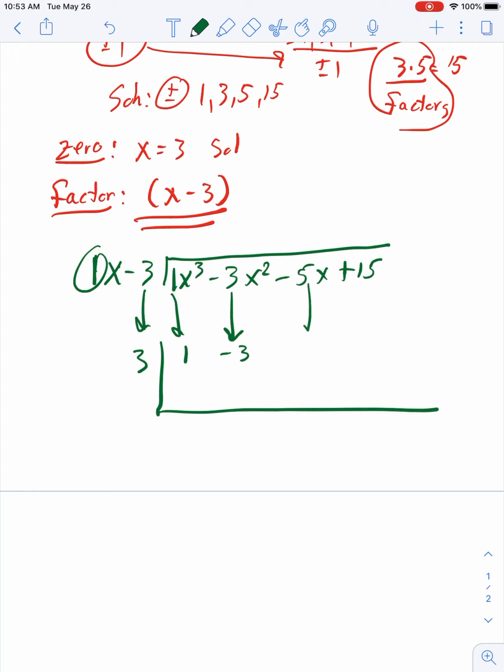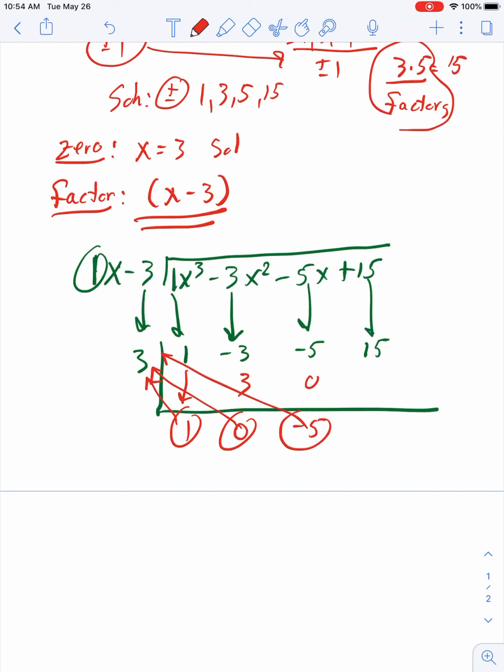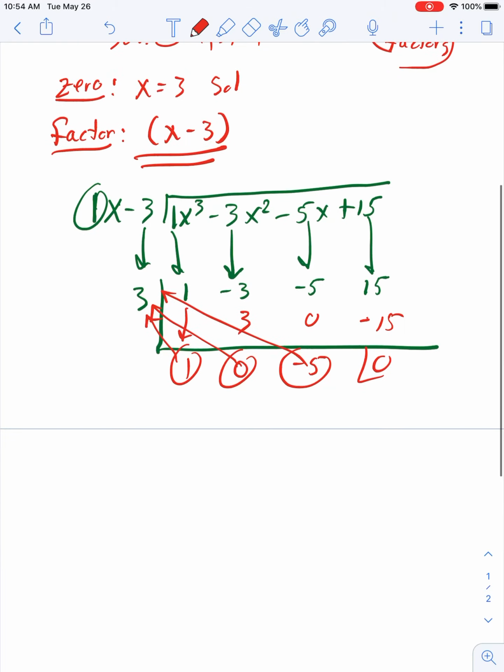We have 1, negative 3, negative 5, and 15. We're ready to start here. So take 1 times 3 is 3, and negative 3 plus 3 is 0. 0 times 3 is 0, negative 5 plus 0 is negative 5. Negative 5 times 3 is negative 15. Therefore, remainder 0, which should have worked because we checked our calculators.